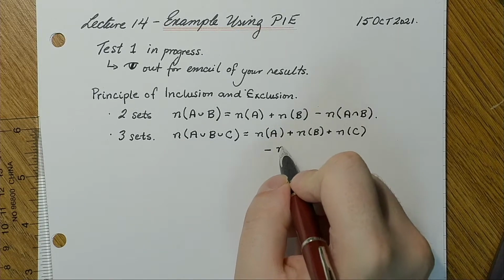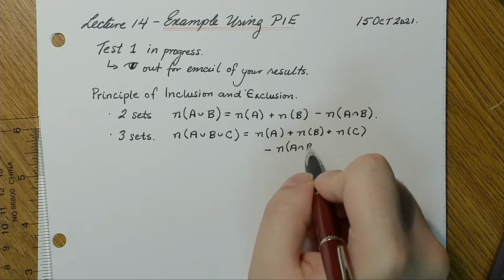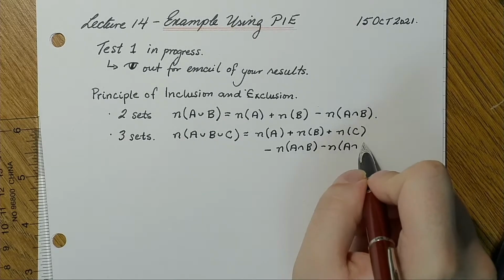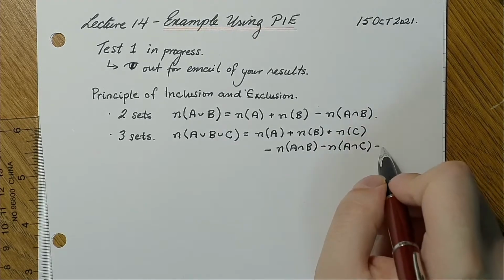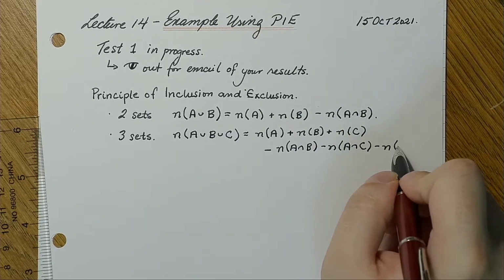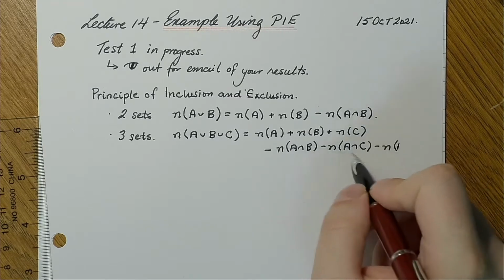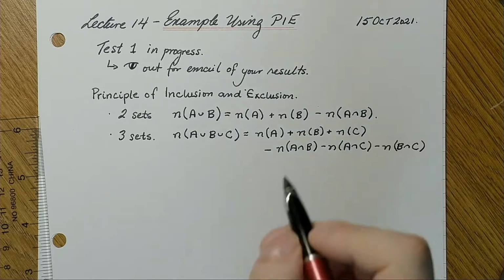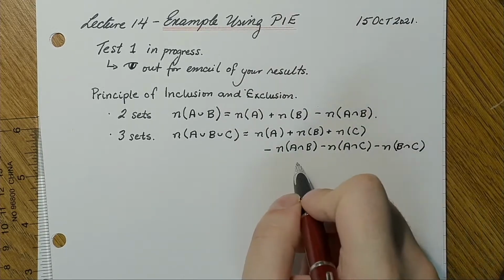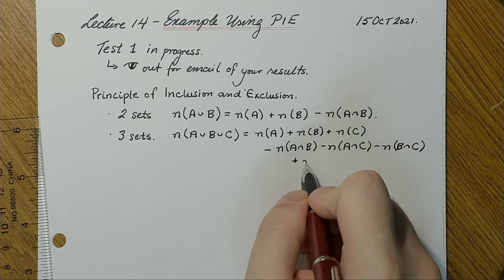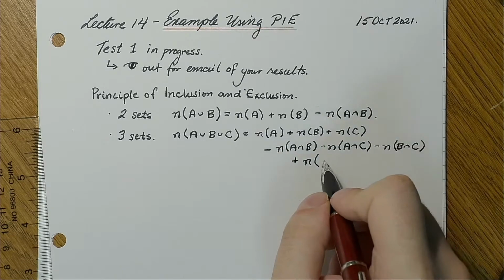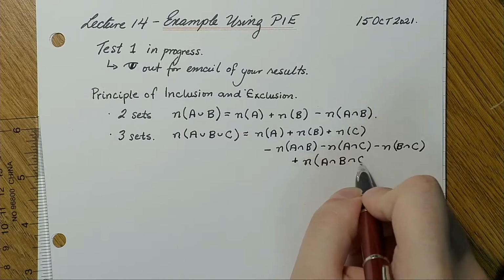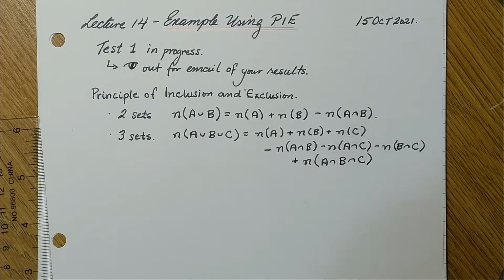So we have to subtract where it intersects with A and B, where it intersects with A and C, and lastly, where it intersects with B and C. And because we've removed that, we have to now put back in the three-way intersection, which is where it's A and B and C. Okay.